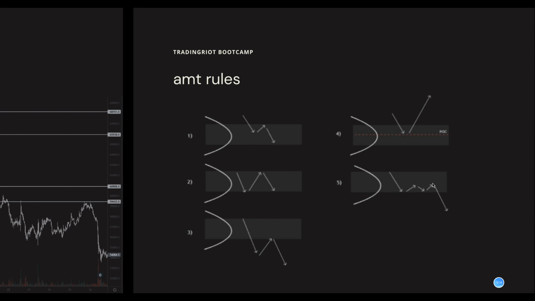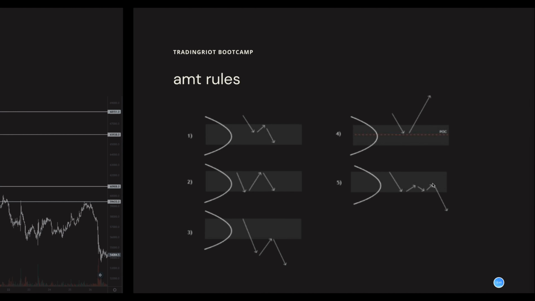Also, what is worth mentioning at this point is that these market generated levels, which are value area highs, value area lows, and points of control, can easily get spiked through. That's a thing with every level that is automatically generated.